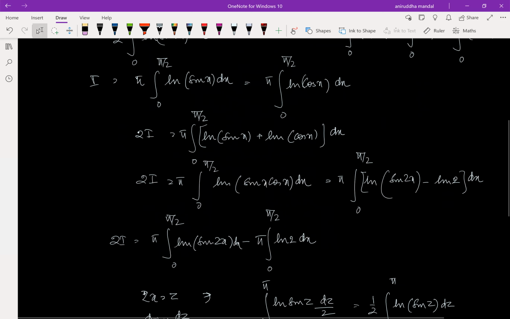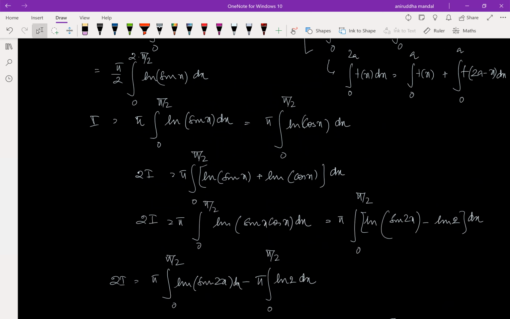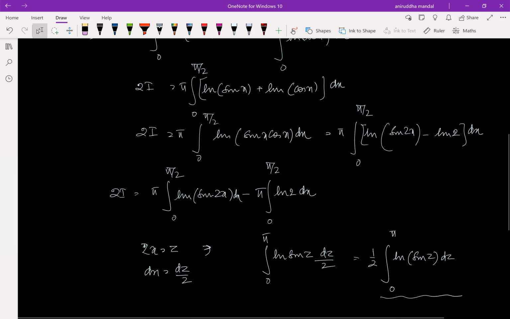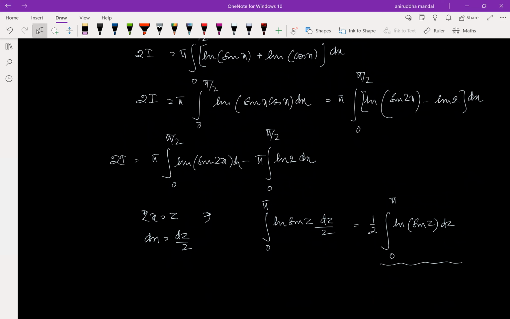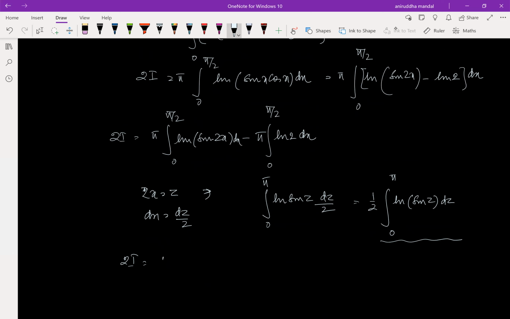You see, so we can write 2I equal to this, so this is pi by 2 times 0 to pi ln sine z dz, or we can write as sine x dx, minus this integral, which is pi ln 2 by 2.